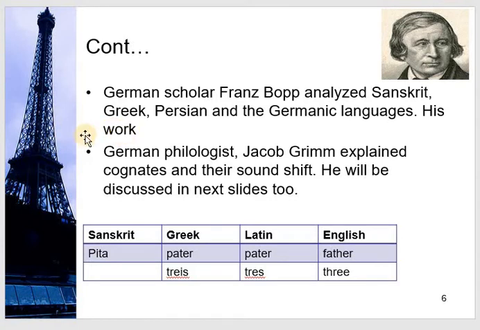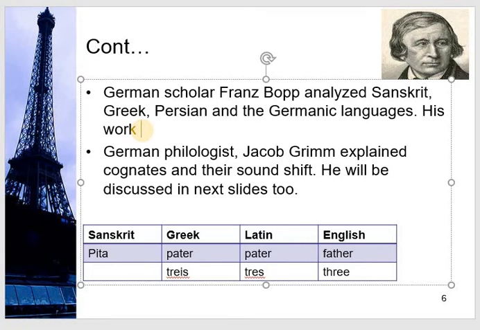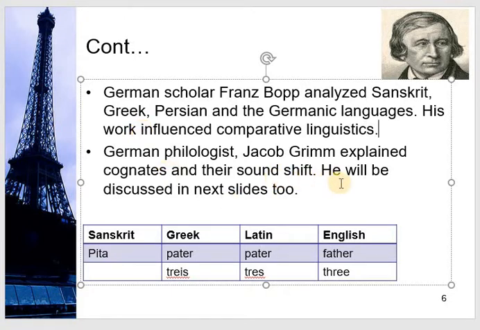His work was quite extensive, and he is a great figure in comparative linguistics. Next, we'll talk about a German philologist named Jacob Grimm. Jacob Grimm explained cognates and their sound shift. His work will be discussed in the next slides too.